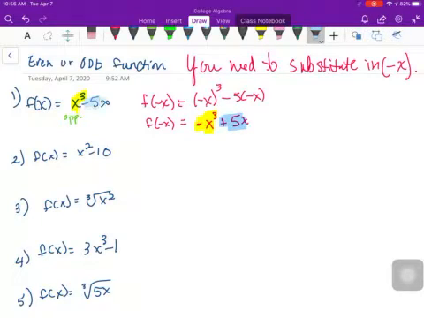My second term in my original function was negative 5x. Those are also opposites. Since when I plug in a negative x I get the opposite of everything in my original function, that means that it is an odd function.